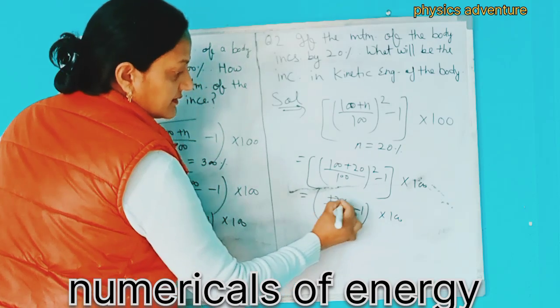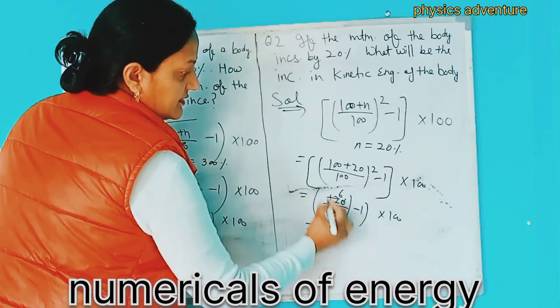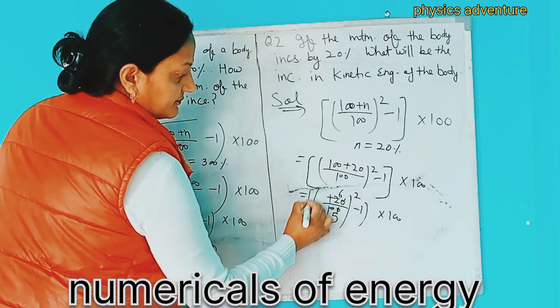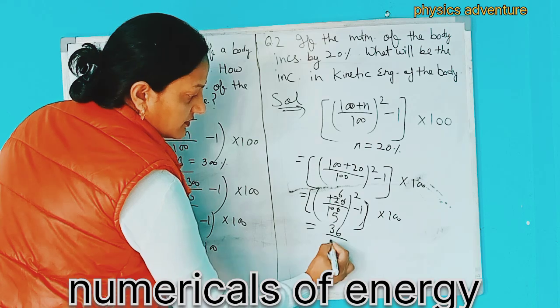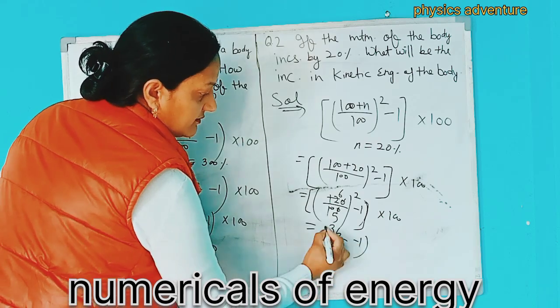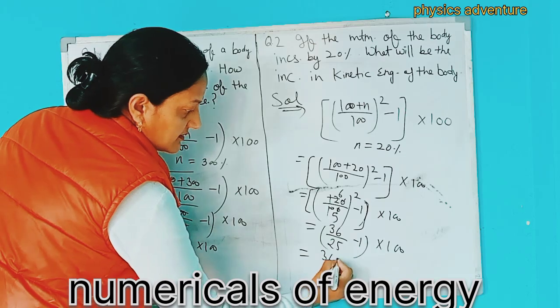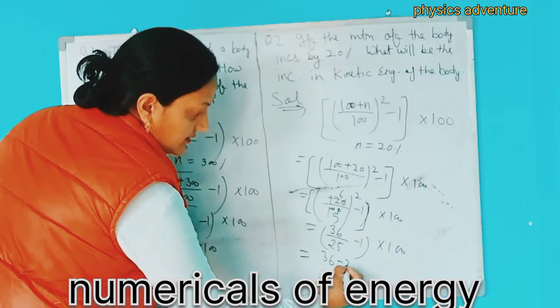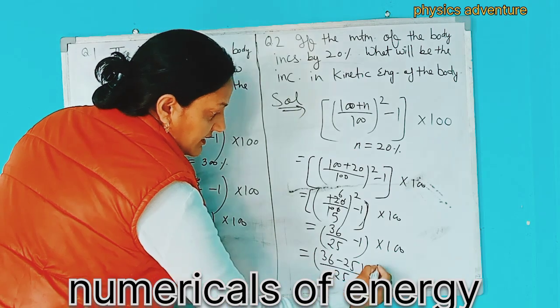This will cancel out to 6 over 5, and here is a whole square also. So 6 6s are 36 upon 25, minus 1, multiplied by 100. This becomes 36 minus 25 upon 25, by taking LCM, multiplied by 100.